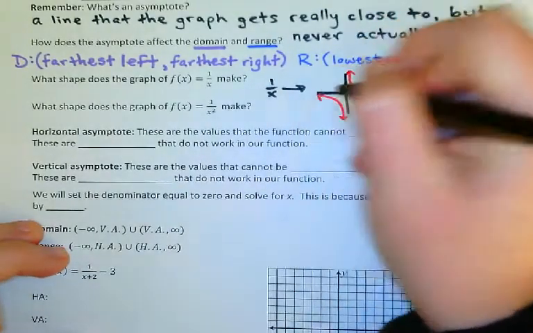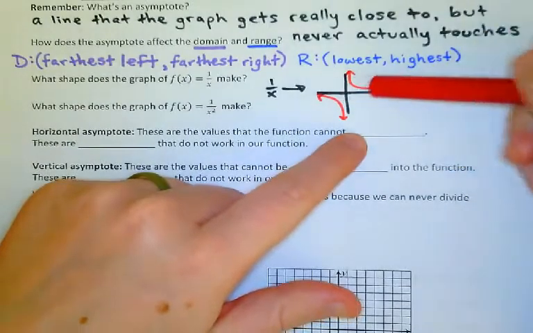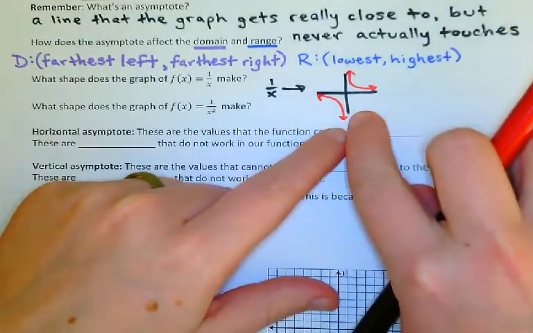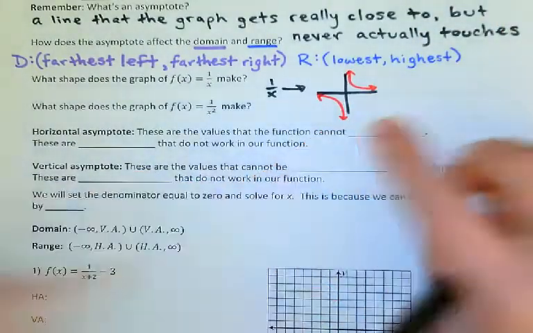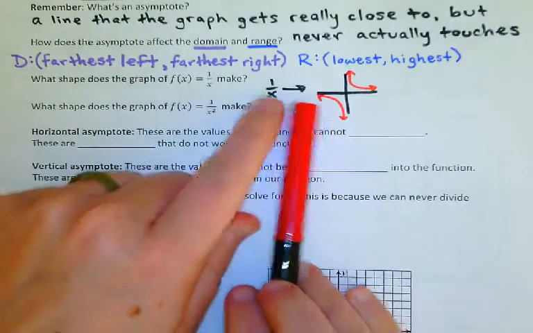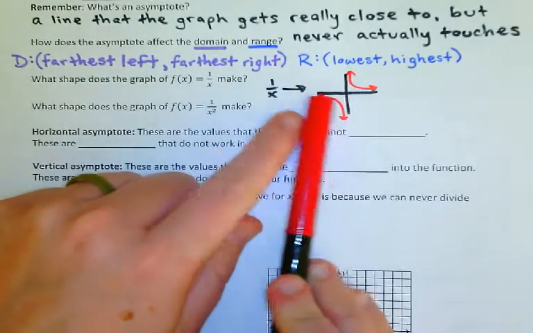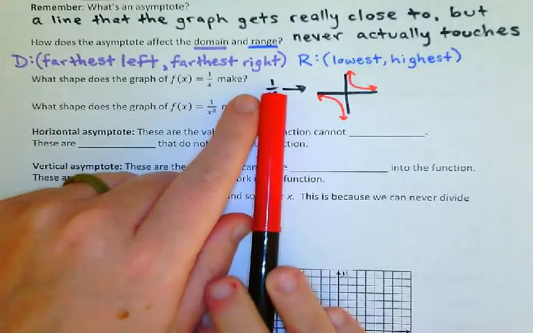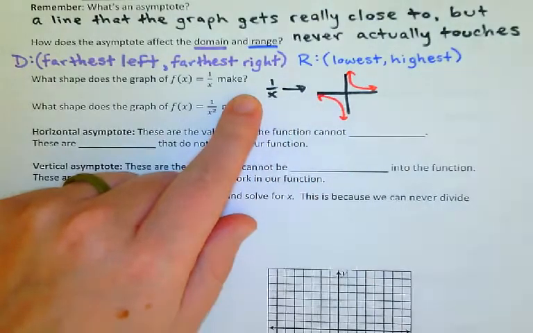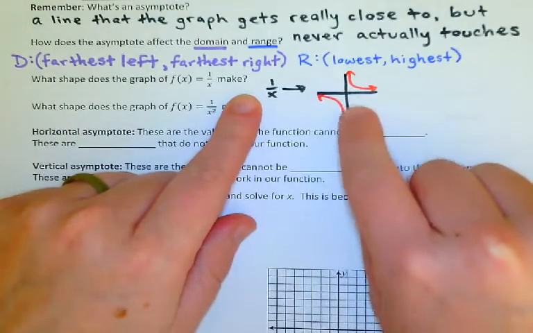You will notice on the graph 1 over x, our graph swerves, and so we never actually end up crossing or touching our x or y axis, which means we have two asymptotes. Our farthest left, our domain would be negative infinity, because it keeps going out towards negative infinity, and then as we come to the right, we never touch 0 on the x-axis.